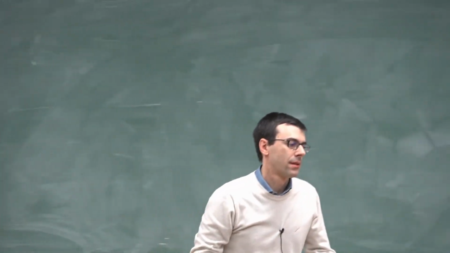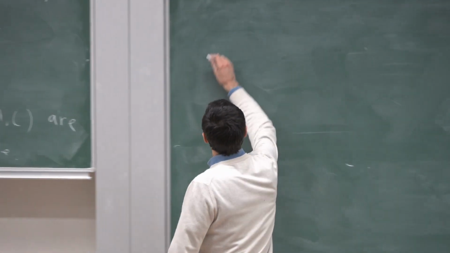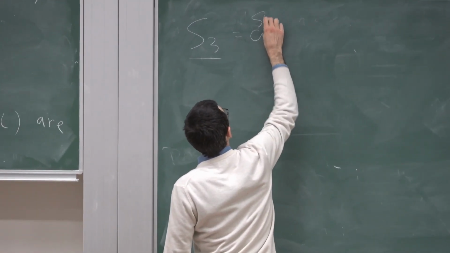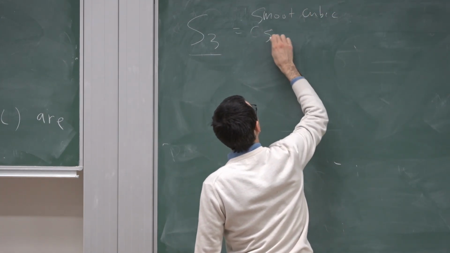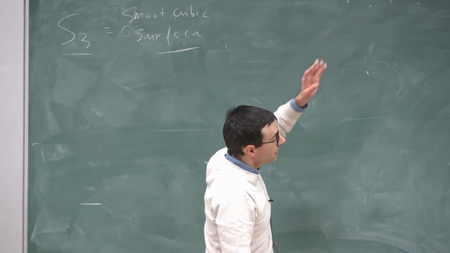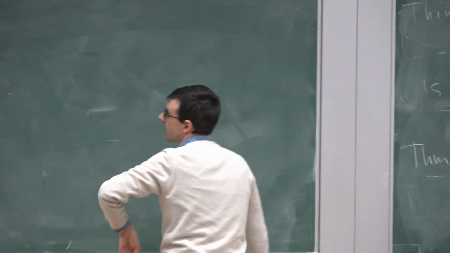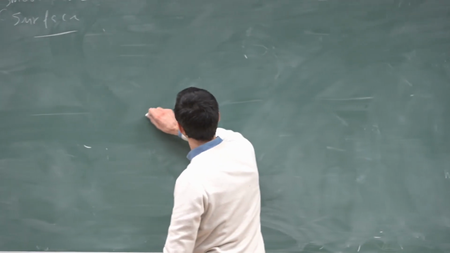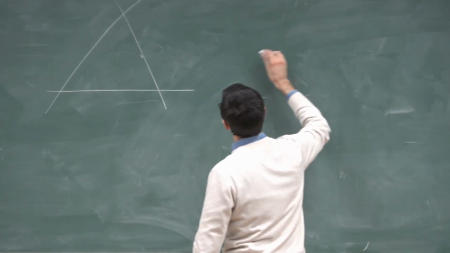You start from S3, a smooth cubic surface. There are several different toric Landau-Ginzburg models, each with their own compactification. There is one which looks like this, it's just P2.